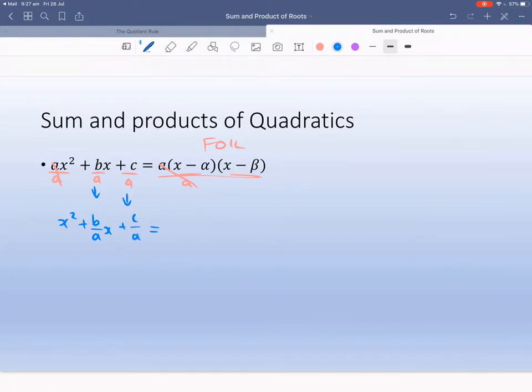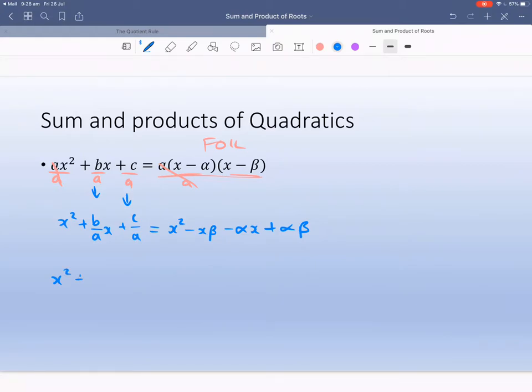And as I FOIL, I'm going to get x squared minus beta x minus alpha x, and then plus alpha beta. If you don't know how to FOIL, that's something you probably need to learn, because it's assumed knowledge at this stage. Now I'm going to fix this up a little bit, so let's keep going.